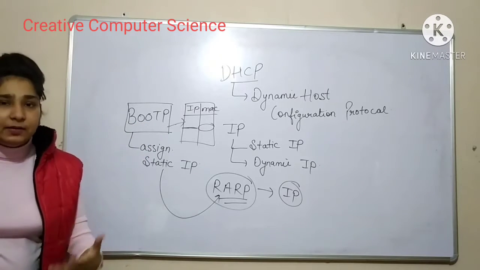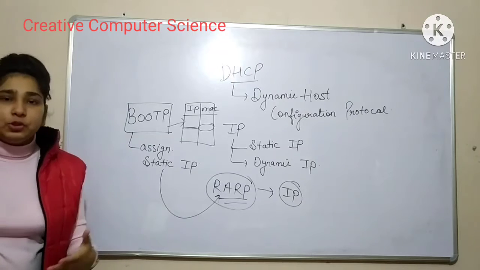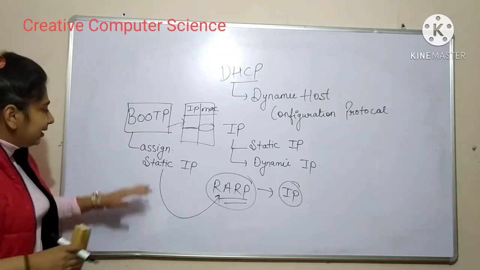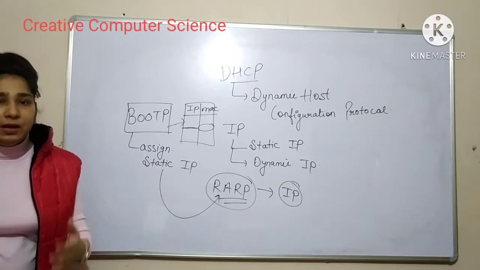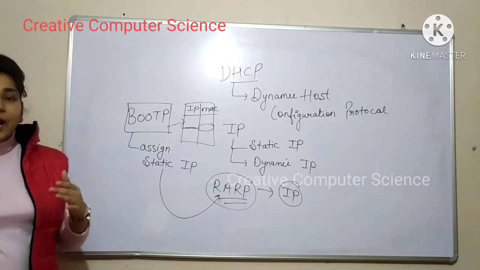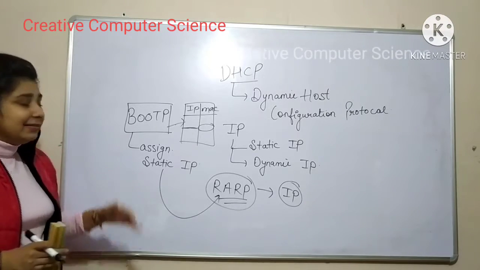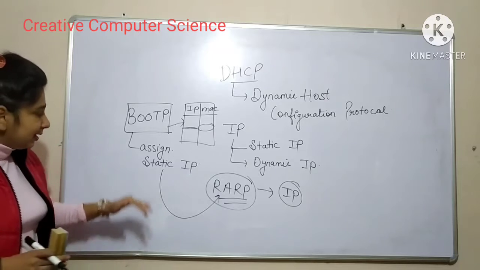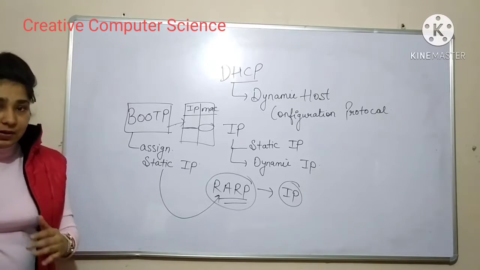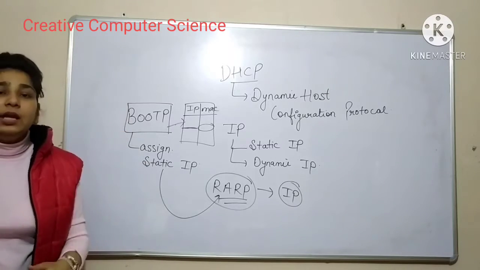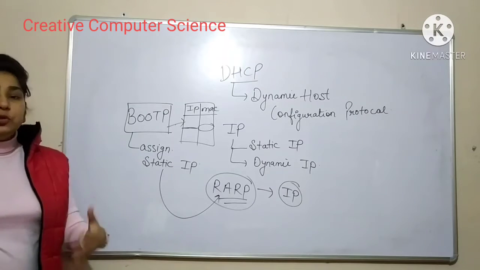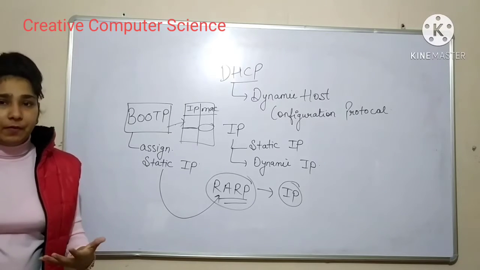The IP address which the BOOTP protocol provides is a static IP address. Static IP address means that the particular IP address which BOOTP is providing is going to remain fixed forever.